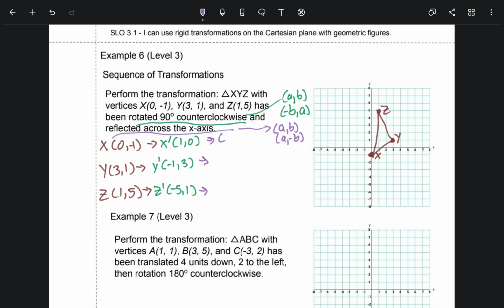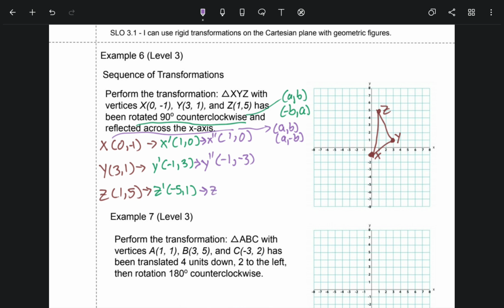So 1, 0, since it's 0, it's going to stay as 0, because you can't have a -0. -1, 3 will become -1, -3. And also the notation for this will have 2 apostrophes, because we've done 2 transformations.